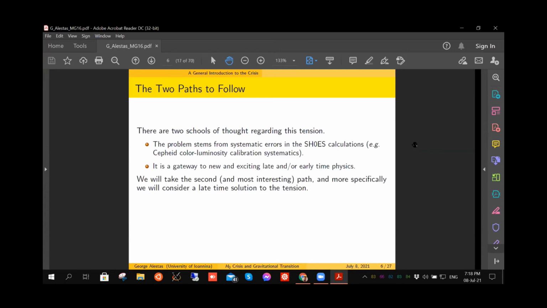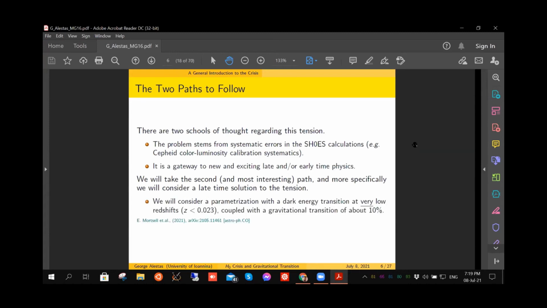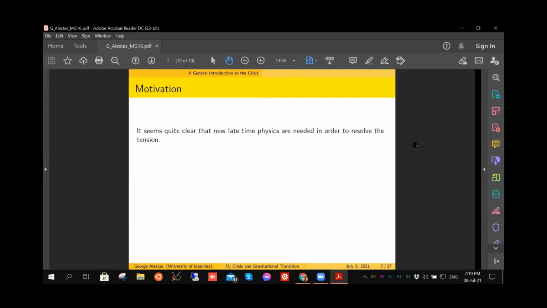Now, we will take the second, and in my opinion the most interesting path, and specifically we will consider a late-time solution to this tension in the form of a parameterization with a dark energy transition at very low redshifts, below 0.023, coupled with a gravitational transition of about 10%.